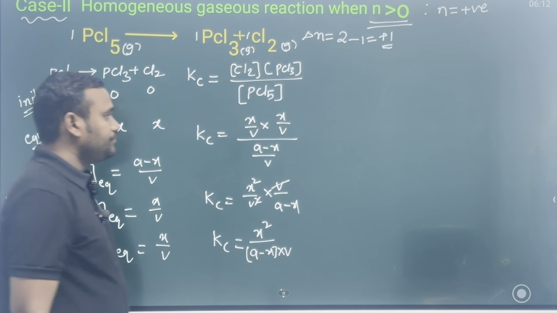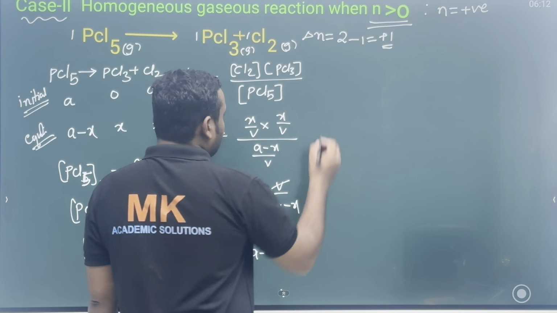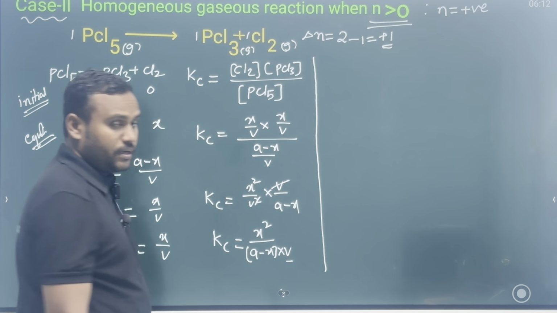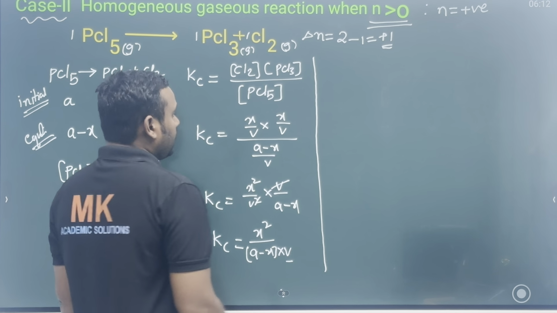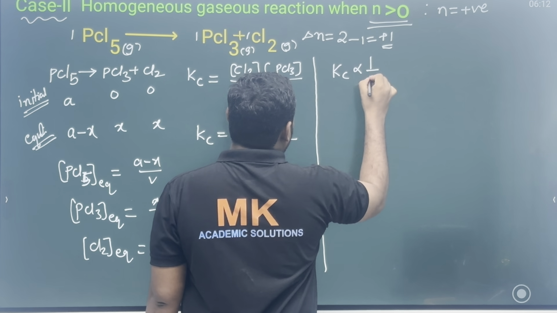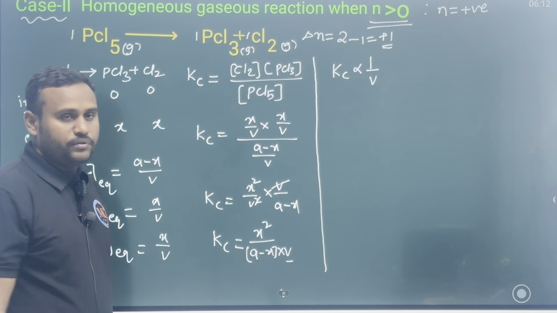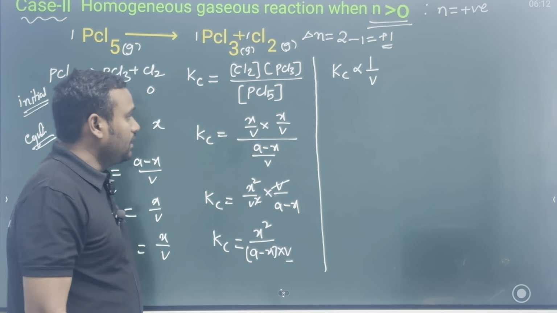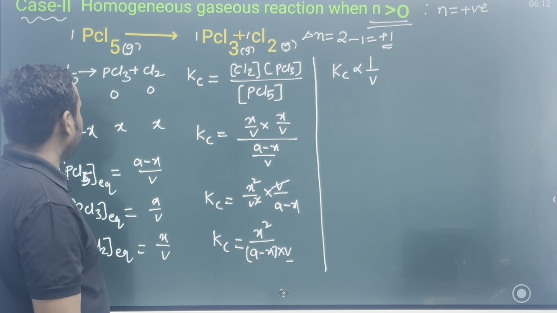So now here we can consider, equilibrium constant depends on what? Volume. Kc and volume, how are they related? So here volume increases, Kc decreases.